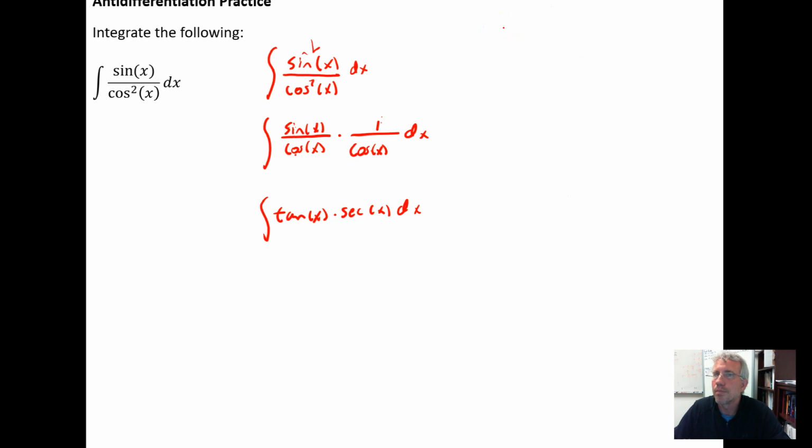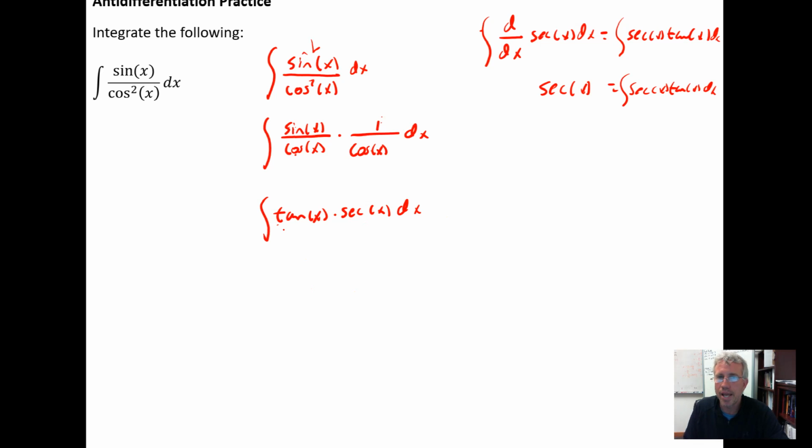And then what I need to remember from here is that the derivative d dx of the secant function is equal to the secant tangent. So secant x tangent of x. So of course, if I integrate both sides with respect to x, the integration cancels the differentiation, and I get that the secant of x is an antiderivative of the secant of x, the tangent of x dx.